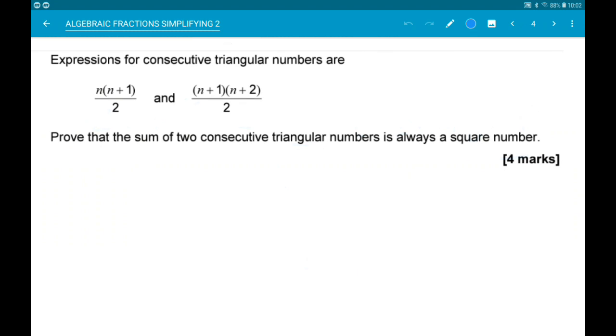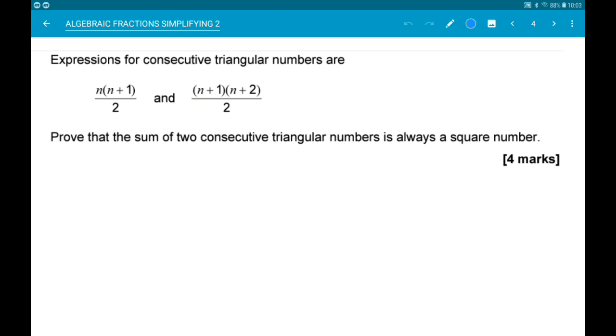Okay, next up, expressions for two consecutive triangular numbers are n(n + 1) over 2 and (n + 1)(n + 2) over 2. We want to prove that the sum of two consecutive triangular numbers is always a square number.